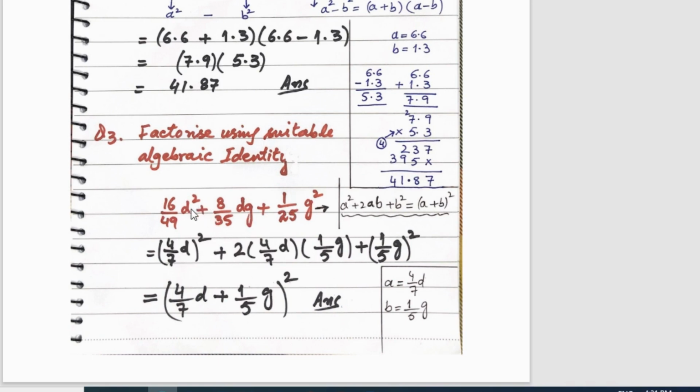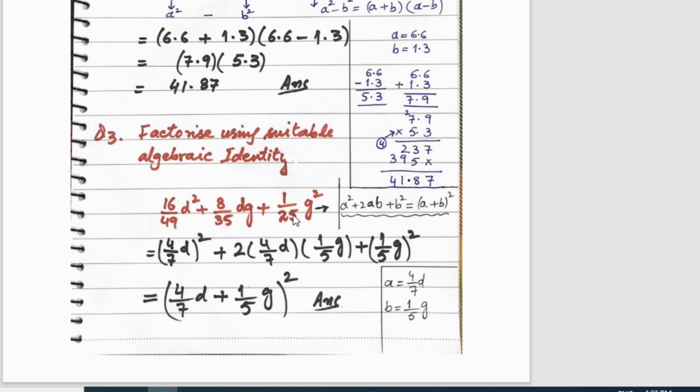Only d square is not representing a square. Until the fraction given with it is converted into a square, we cannot write this whole term in the form of a square, and it is very important to write square terms in the form of an individual whole square, right?